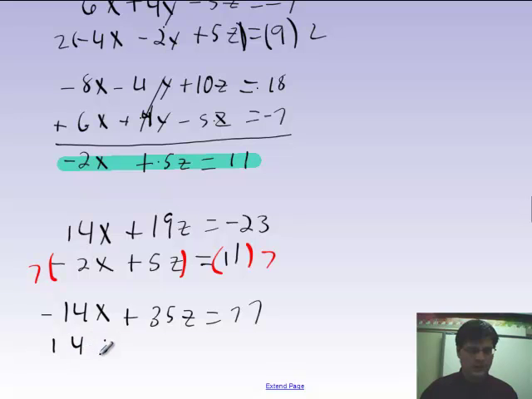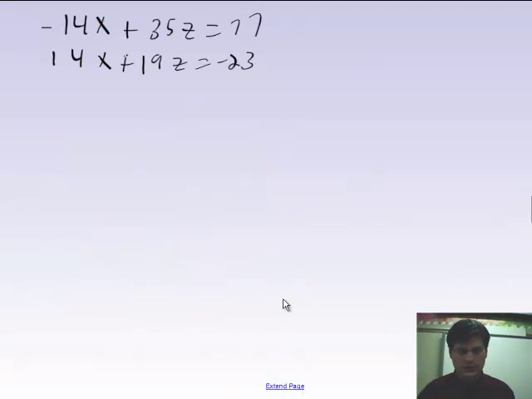Bring down the first one, 14x plus 19z equals negative 23.